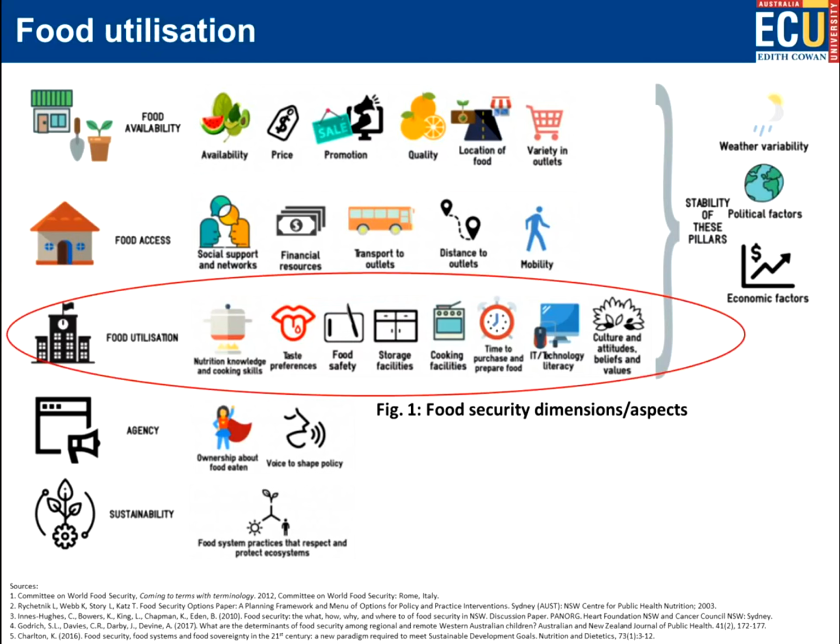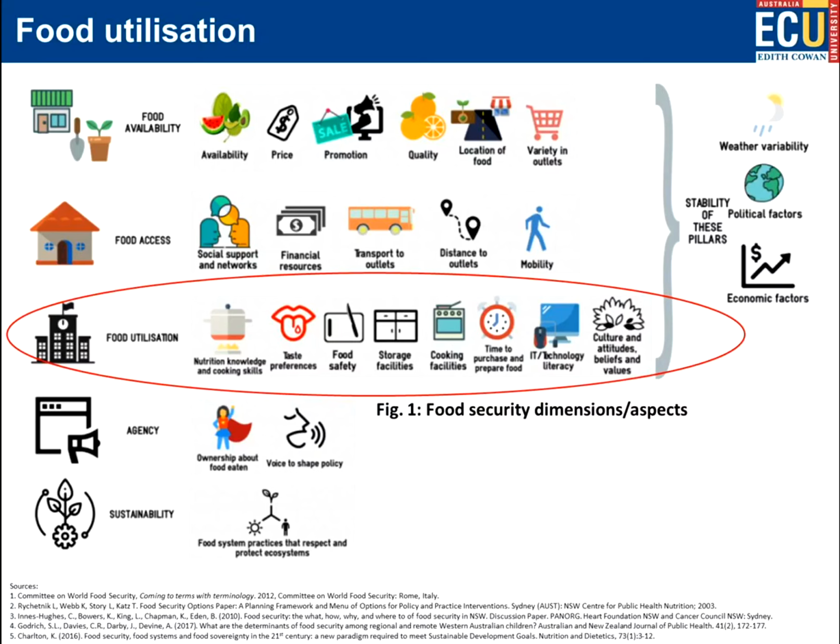At the food utilisation dimension, we have nutrition knowledge and cooking skills. So this is once people have found available food and they're able to access it. This is about using it in an appropriate way to maximise nutrient needs and prepare food safely. We have food preferences, which includes taste preferences.